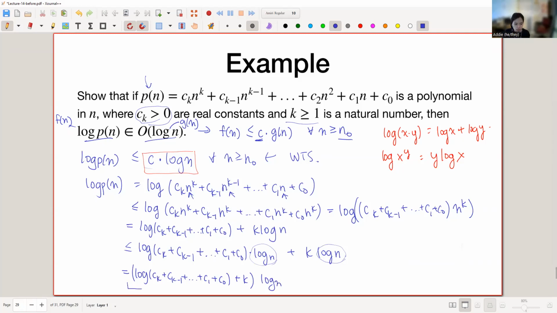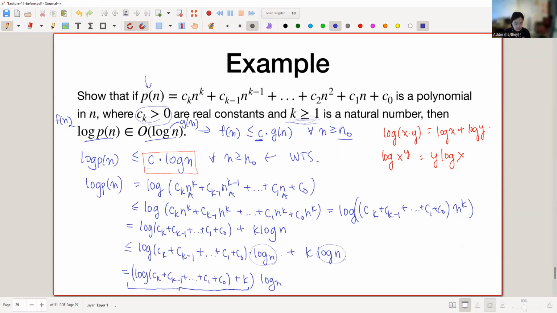Notice that this is only constants. Log of any sum of constants is still just a constant. And our k is also some constant, a natural number greater than or equal to 1.